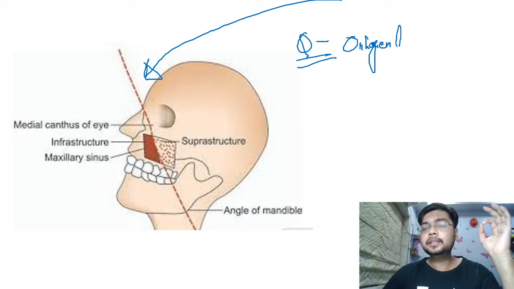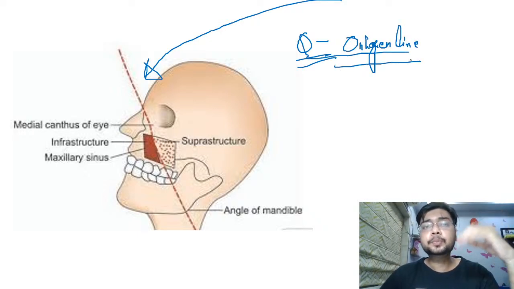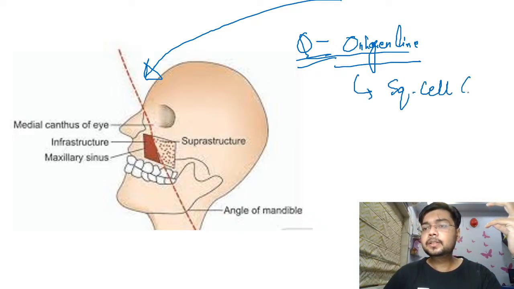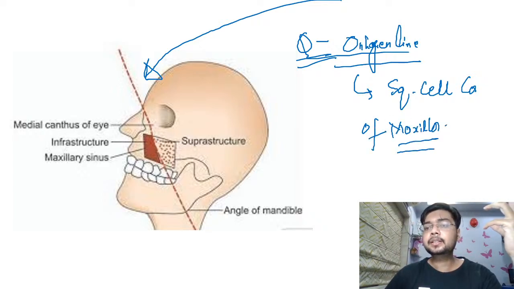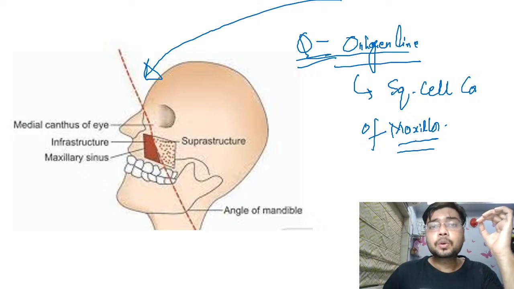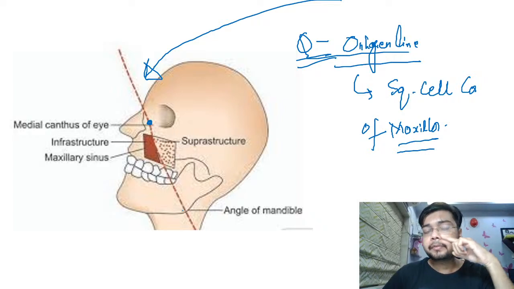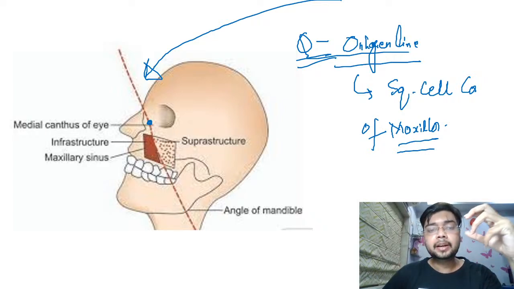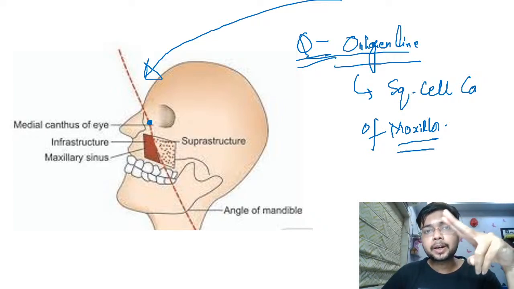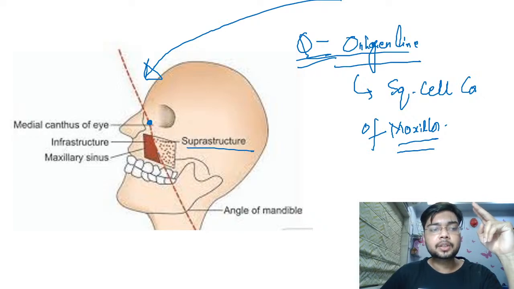This Ohngren's line was being used previously for squamous cell carcinoma of the maxilla. And what was the significance? This line, which originates from the medial canthus to the angle of the mandible, divides the maxilla into two parts: one is the suprastructure and another is the infrastructure.